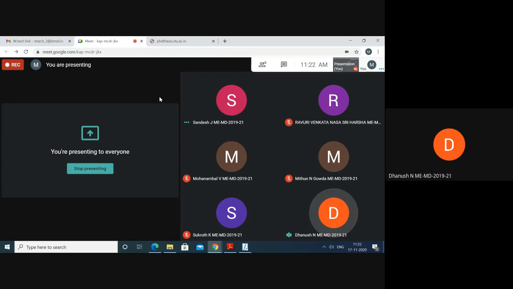T is equal to K into theta. Energy? Half into T square by K.